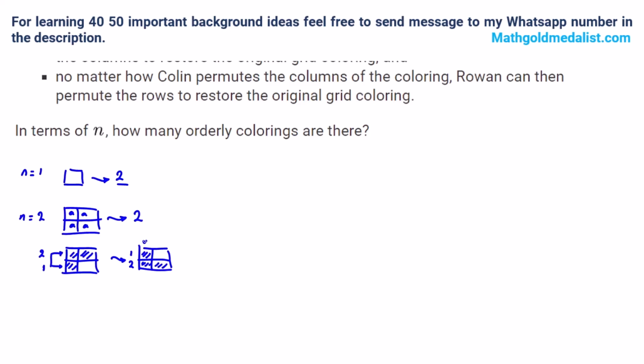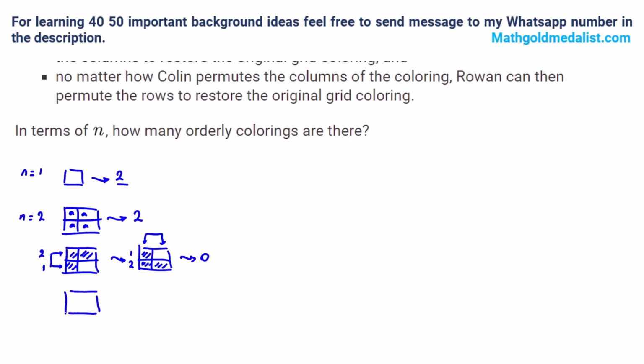If we want to permute columns, we can see that this one still will be 2 if you permute columns. So we cannot reach this one, okay? By permuting columns, the number of blacks in this row doesn't change. So this one is not good, 0.